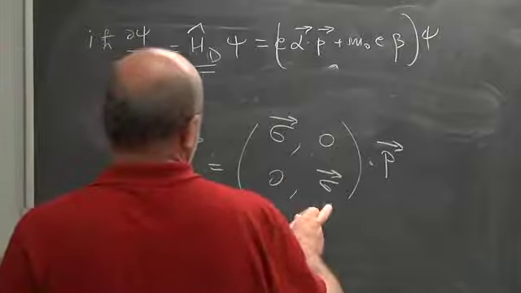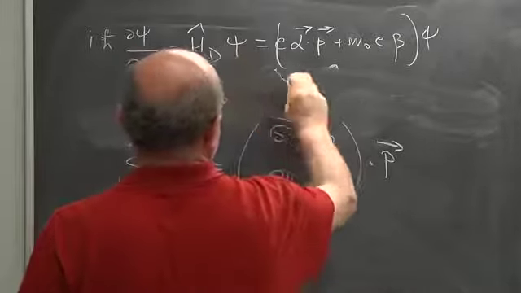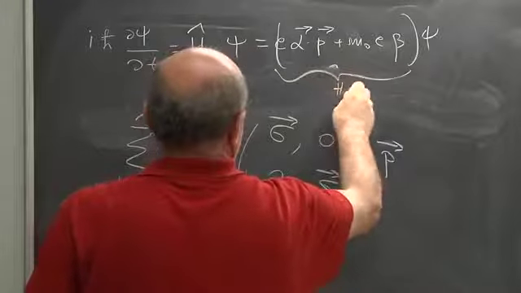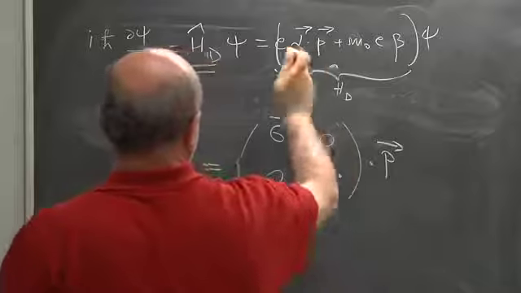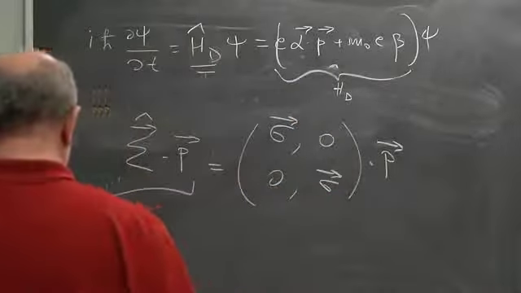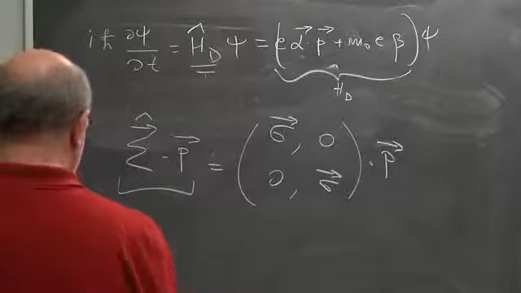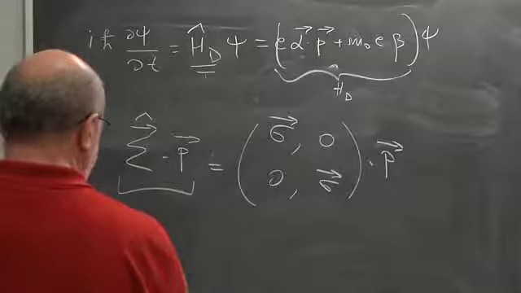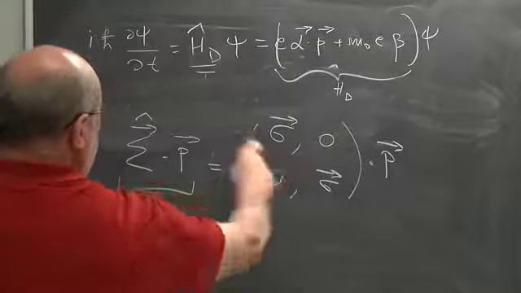Now, to prove that this commutes with H, we have to use that p and p commute. We have to show that this commutes with alpha and then that it commutes with beta. So let's see with alpha. We have sigma, 0, 0, sigma. This is this part.